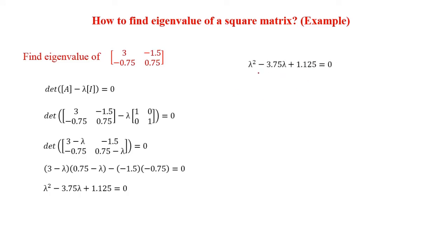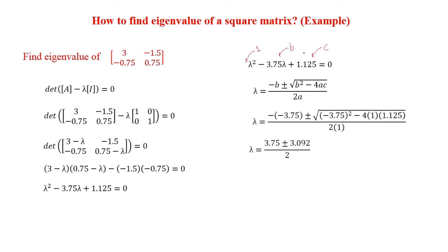Now this is a second order equation, and you know that the roots can be expressed as lambda is equal to minus b plus or minus under root b square minus 4ac, divided by 2a, where a is the coefficient of lambda square, which is equal to 1, b is equal to minus 3.75 and c is equal to 1.125. Now we will substitute these values in our equation. So you will get lambda equal to 3.421 and 0.3288.